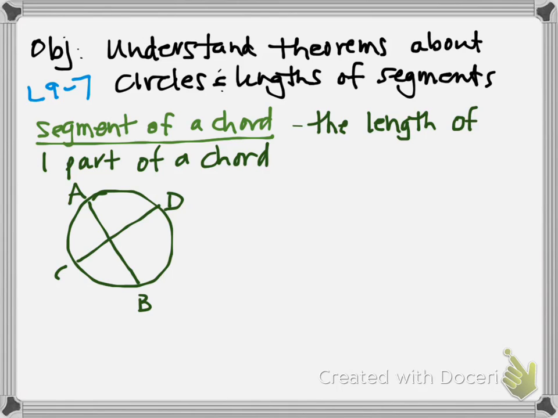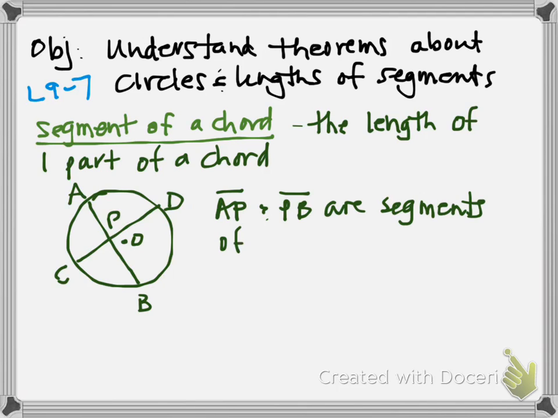We've got this is circle O, and the intersection is point P. So we would say that segment AP and segment PB are segments of chord AB. And just like we could say that segment CP and segment PD are segments of chord CD.